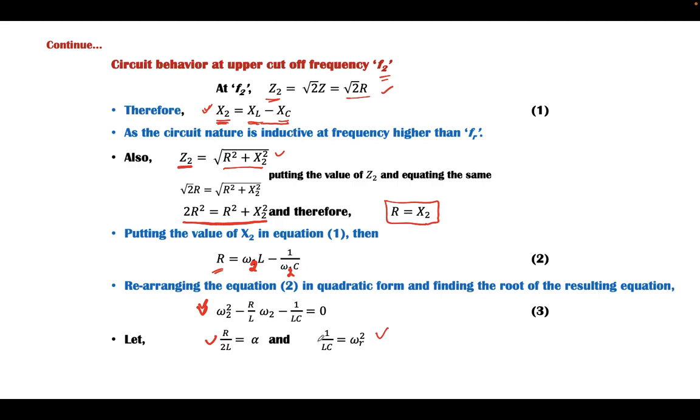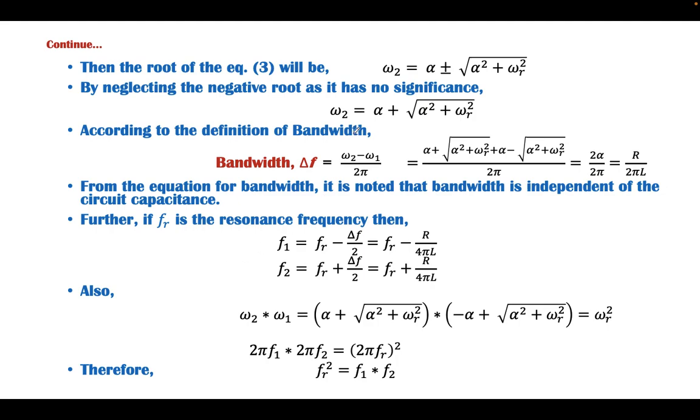With this consideration, we can find the roots of this quadratic equation, and the roots are obtained as omega 2 is equal to alpha plus or minus the square root of alpha square plus omega R square, and hence ignoring the negative sign, we consider the positive root only.